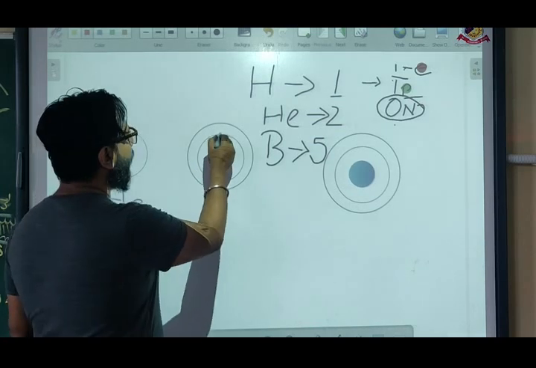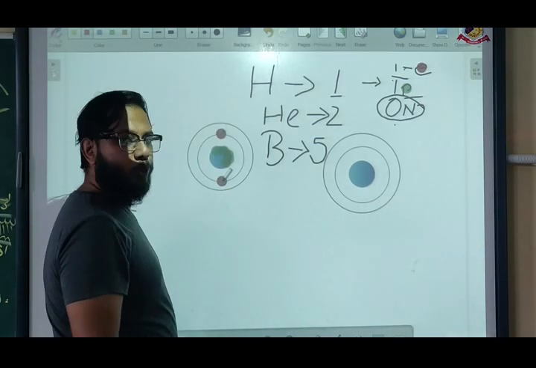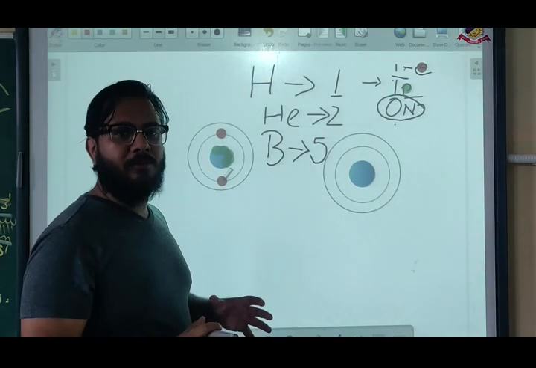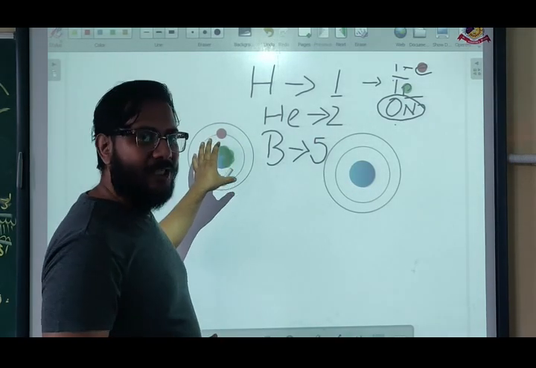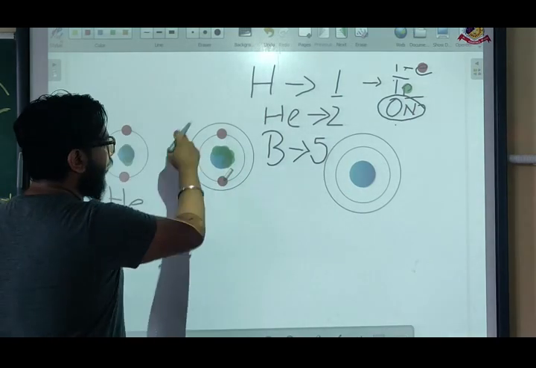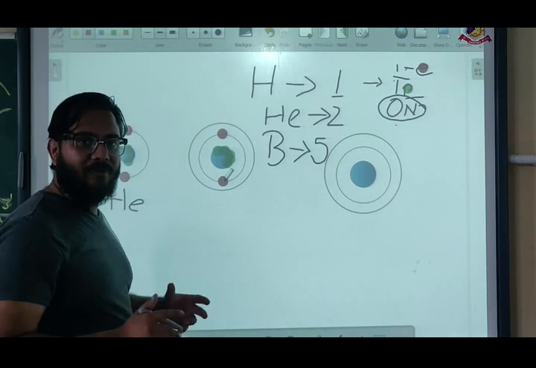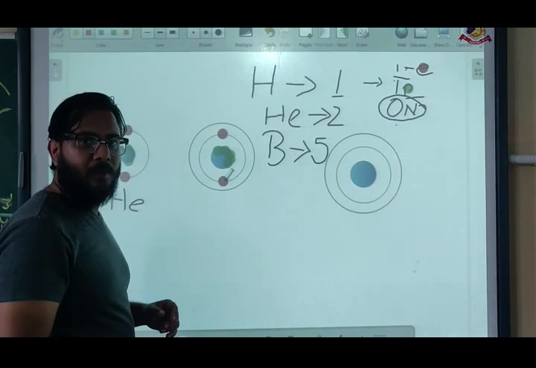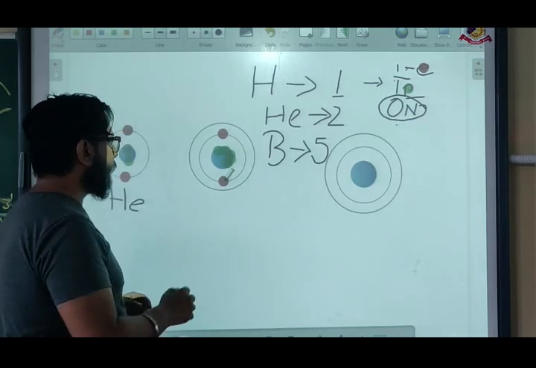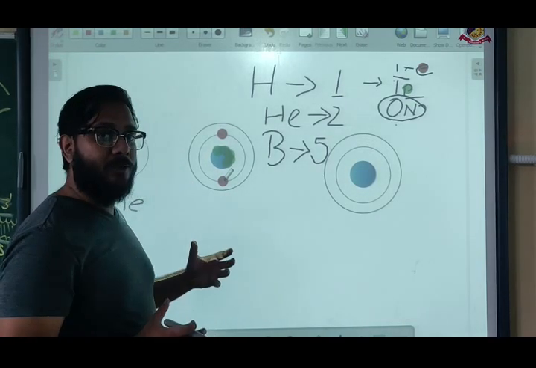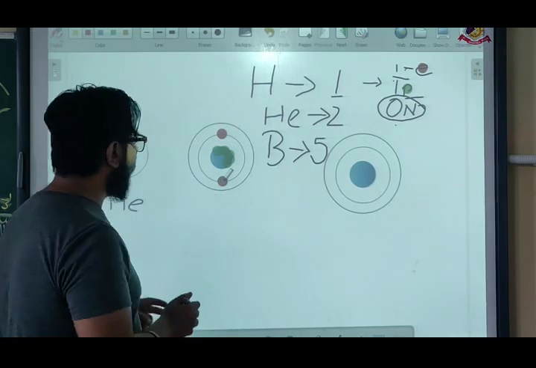And where are they? 1 and 2. And that's the maximum number of electrons in the first shell. Each of these are called shell, and the first shell can only have 2 electrons. The number of electrons that can be present in the first shell is going to be just 2.